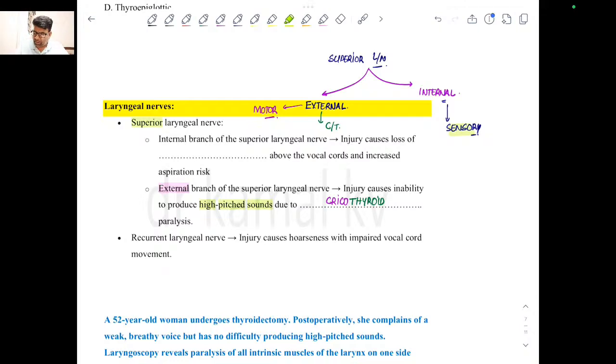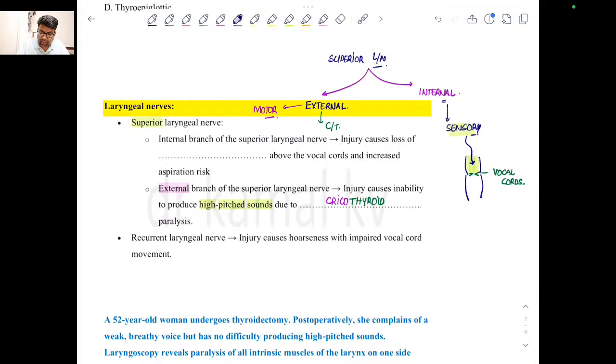So if suppose this is the larynx and this is the level of vocal cords, this area above is all innervated by the internal branch of the superior laryngeal nerve, which gives sensory innervation to the larynx above the level of vocal cords.